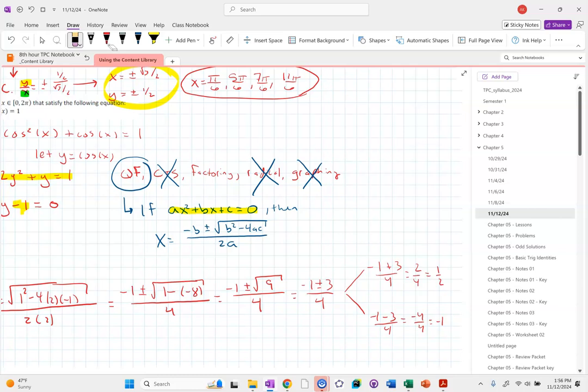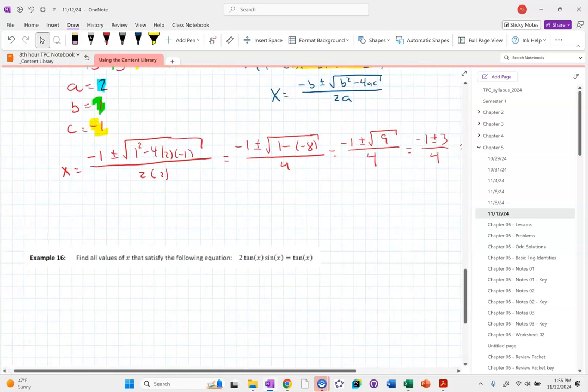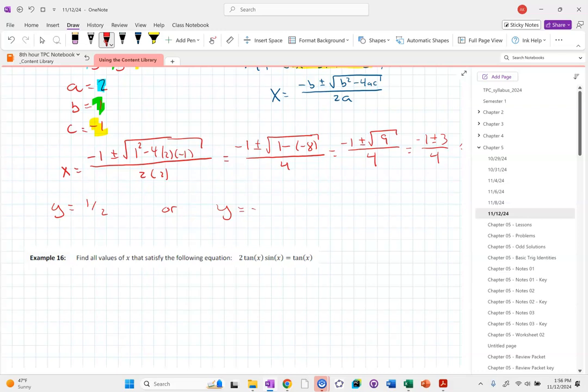Everybody okay so far? All right. So we have then y equals 1/2 or y equals negative 1, and we're done, right?